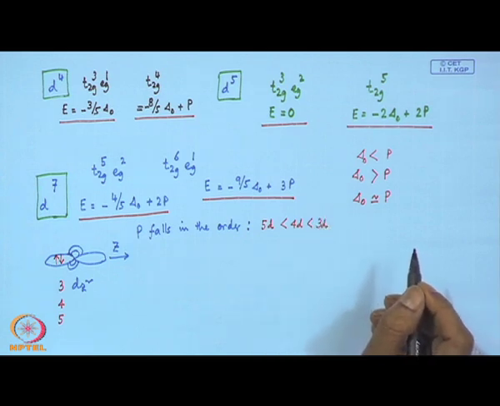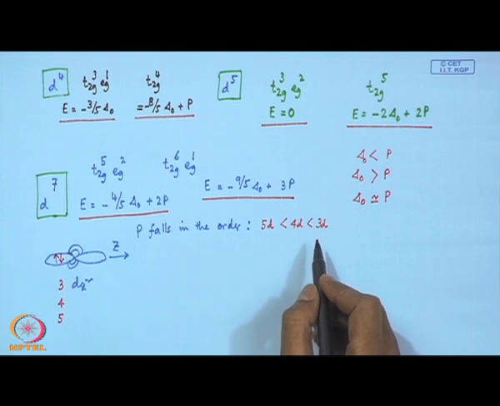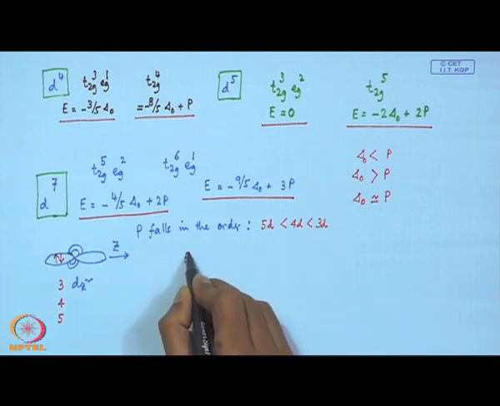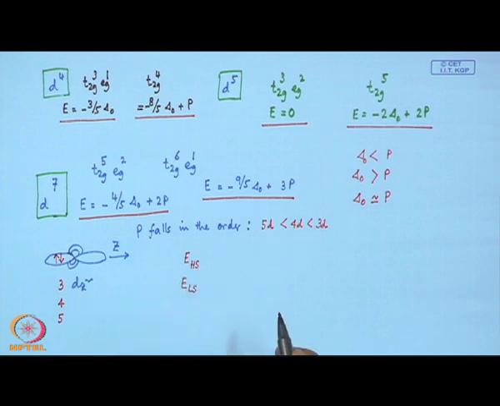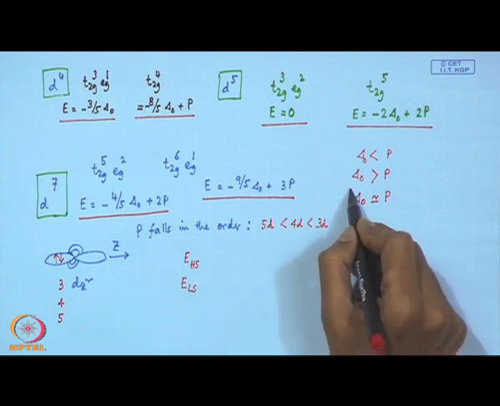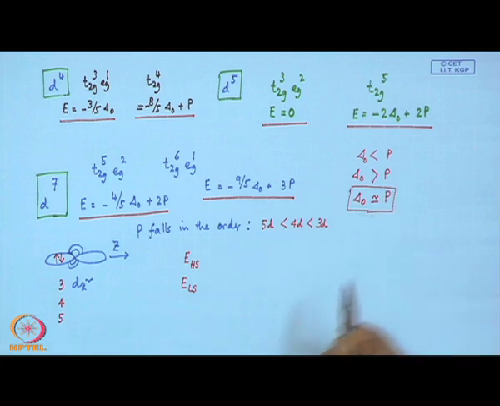So, if we have the corresponding energy for the high spin and the corresponding energy for the low spin situation, we just simply compare. When we have two different types of energies, there will be a situation where we have a value like this, which is the critical crystal field.